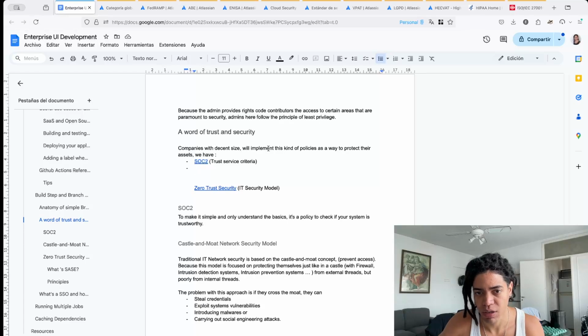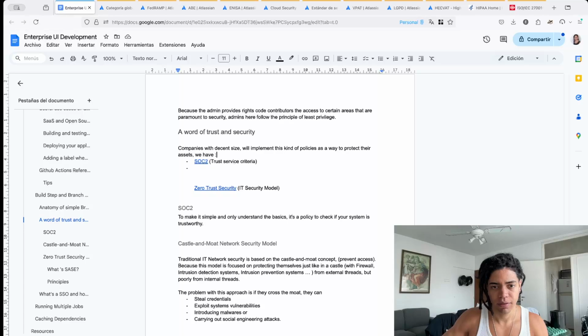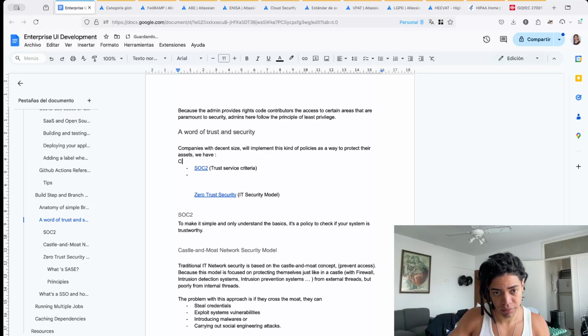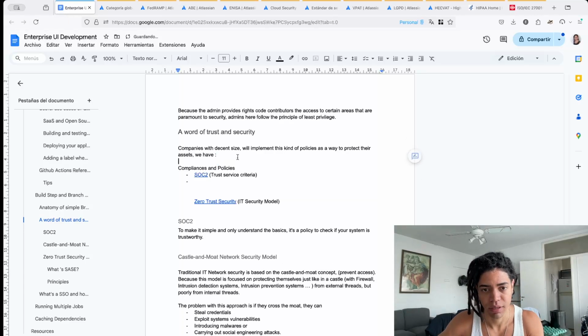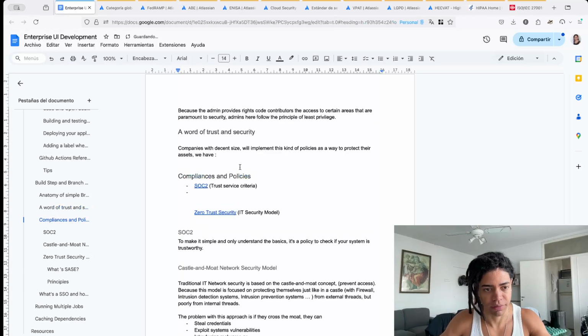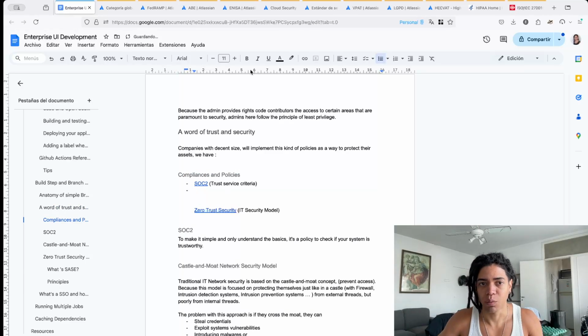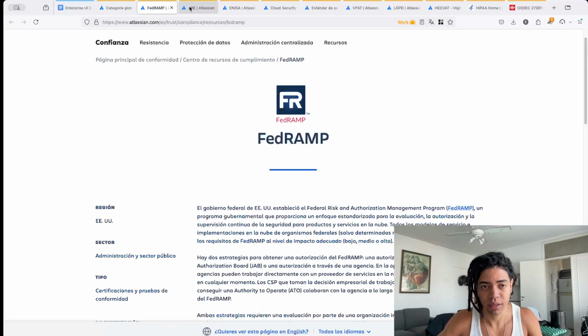Companies with this insight will implement this kind of policy as a way to protect their assets. So we have compliance and policies. Holy moly. Compliance and policies. We got SOC, all right.